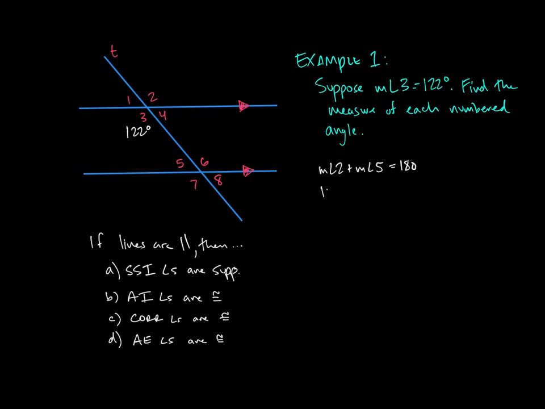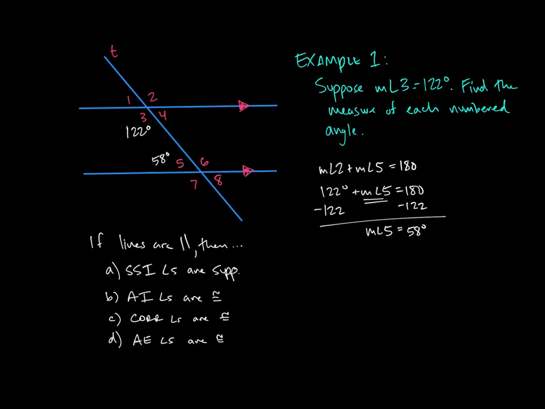Now if we substitute 122 degrees in for the measure of angle 3, we can use our algebra skills to figure out what the measure of angle 5 would be. All we have to do is subtract 122 from each side here, and the measure of angle 5 would equal 58 degrees. 180 minus 122 is 58. So that tells us that this is 58 degrees.